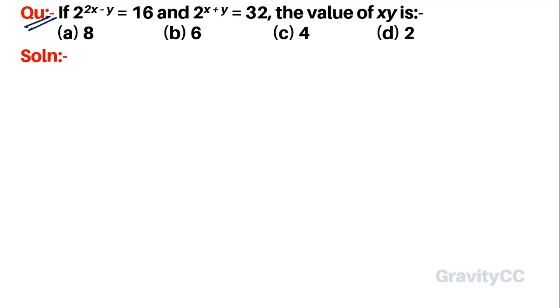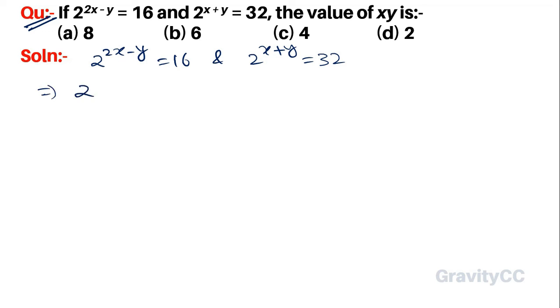If 2 to the power 2x minus y equals 16 and 2 to the power x plus y equals 32, then the value of x into y is? Given is 2 to the power 2x minus y is equal to 16 and 2 to the power x plus y equal to 32.